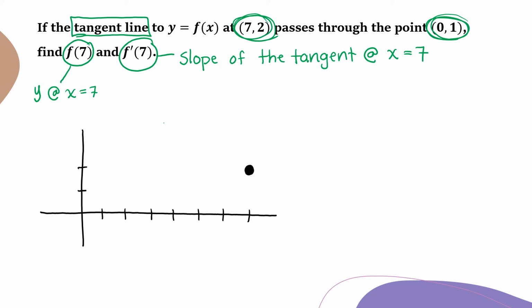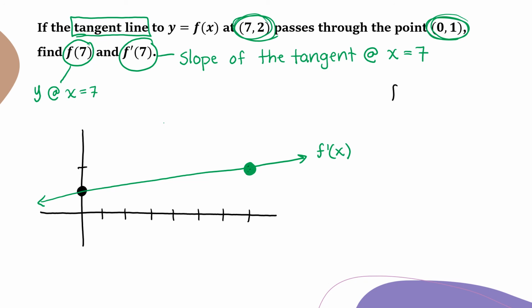And we have the point 0, 1. And this is the tangent line. So this is our f prime of x. Specifically, it's the tangent line through this point for some function that we have no idea what it looks like. But we do know what its tangent line looks like.